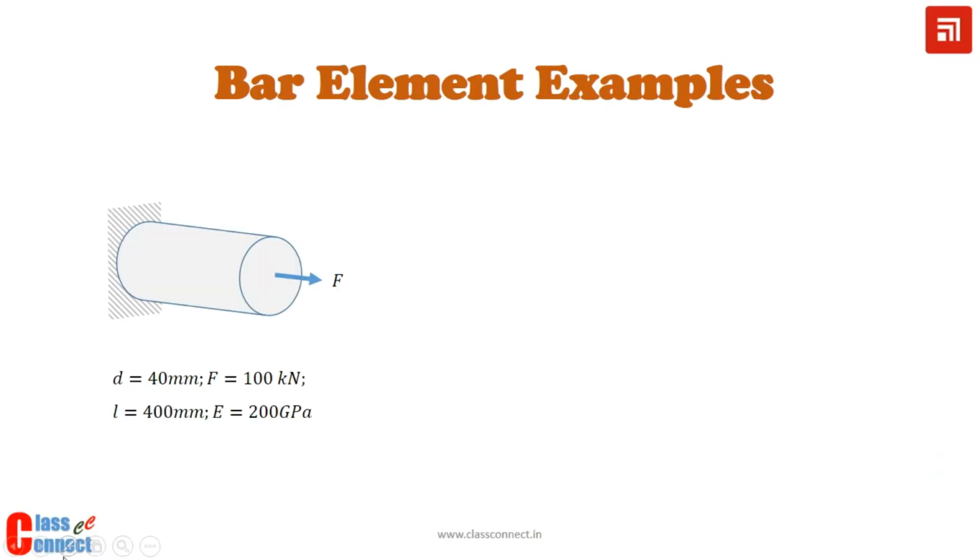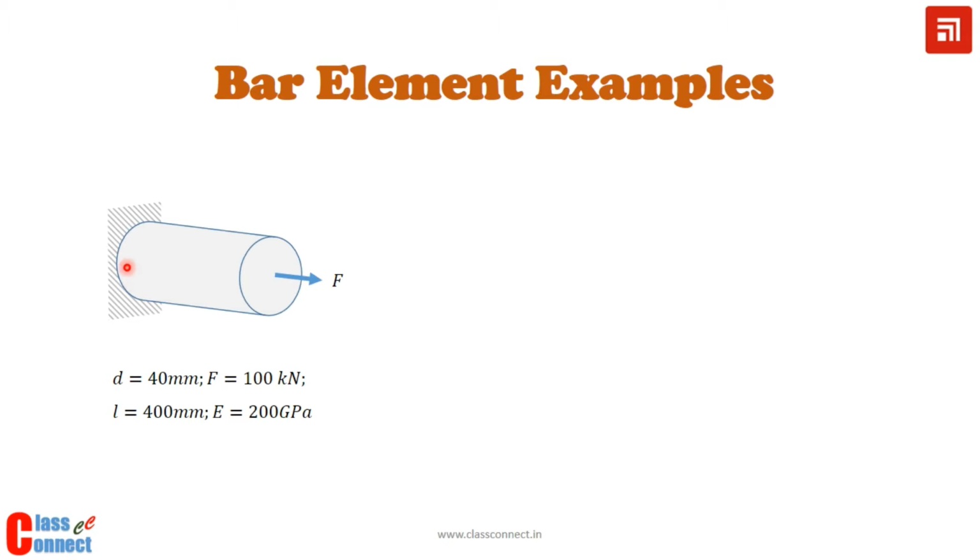This particular bar can be modeled by a 1D element, bar element or truss element or beam element, and as the load is applied only at one point and it is fixed at the other point, it means only one element is sufficient to solve this problem.